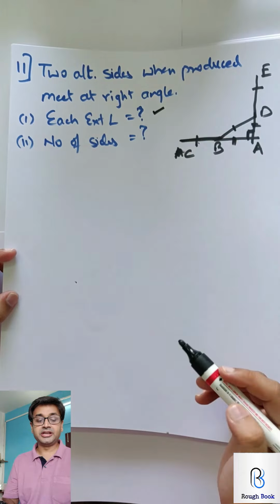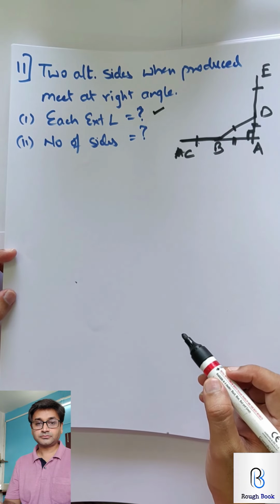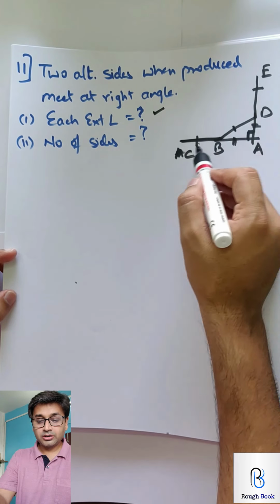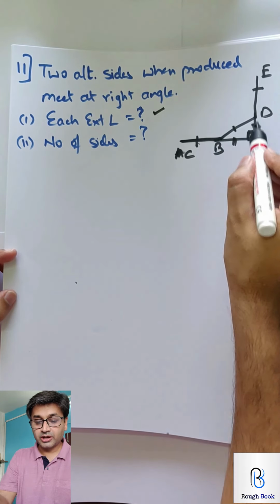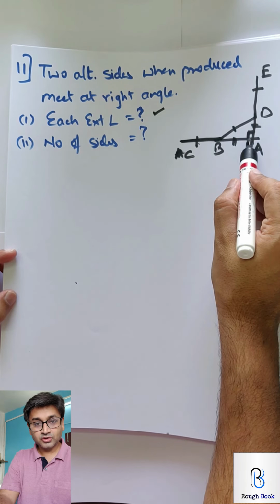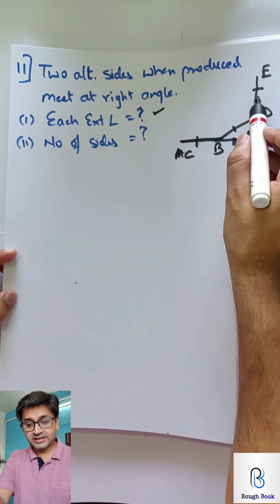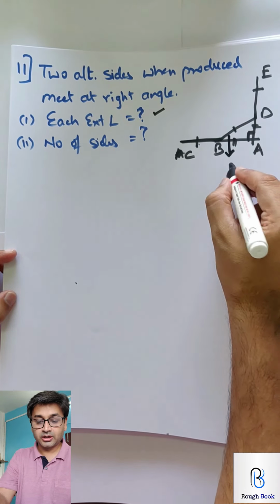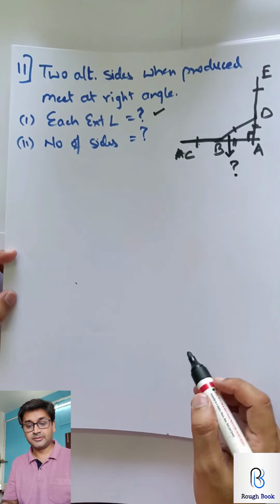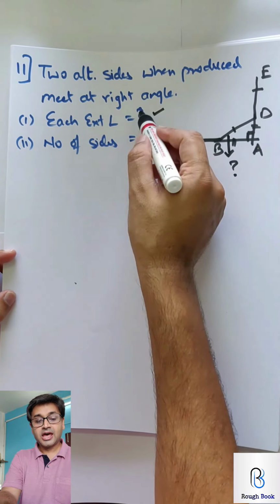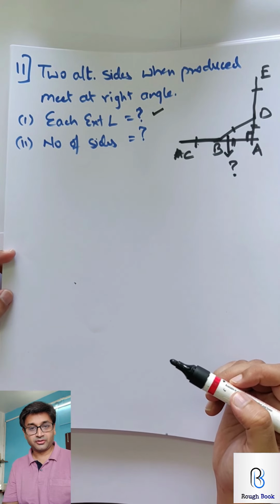Your target is to find each exterior angle. Did you understand the question first? Alternate sides when produced meet at A, which is a right angle. Okay, regular polygon, so sides equal, so these sides also equal. Your target is to find this one first, that is your interior angle, and using this then your exterior angle straight away you will get, and then using that we can find the number of sides.